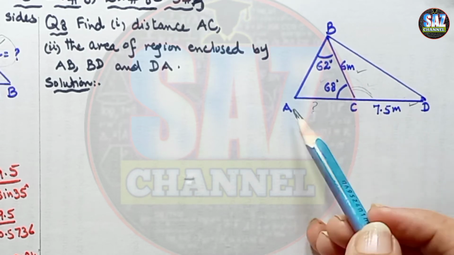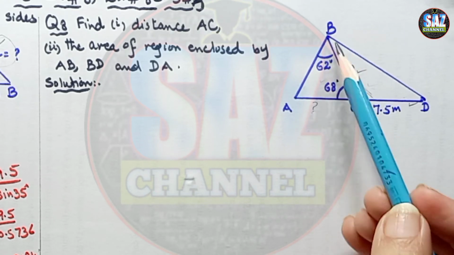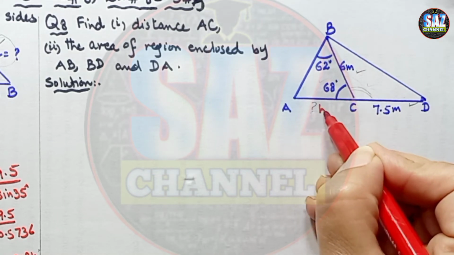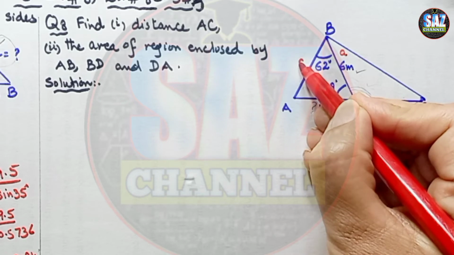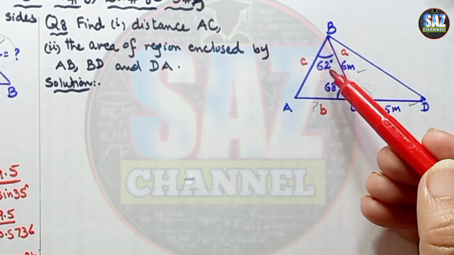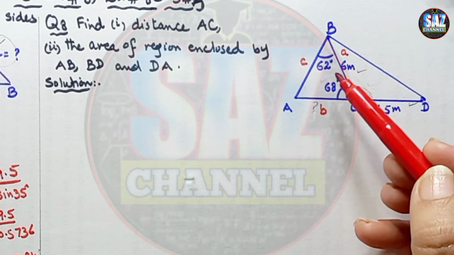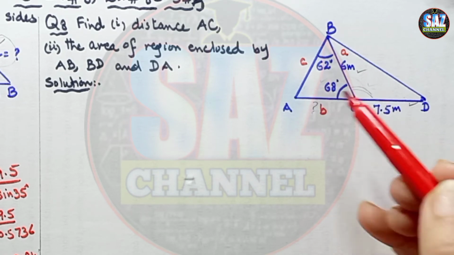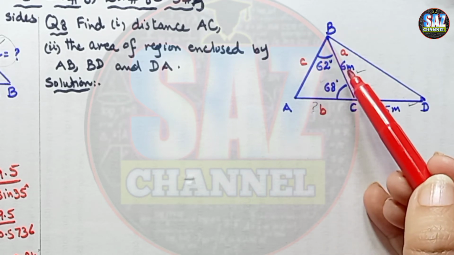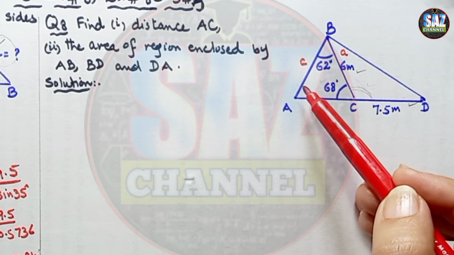So let's move to the solution of the question, and the first requirement is the AC length. Okay, if we look at AC, that is the side opposite to vertex B. So let me mark it with letter B, and this is A and this is C. Now if we look at length B, we have the angle in front of it, but with reference to this side, we have to equate it either to C with sine 68 or A with sine A. But the problem is that if I'm taking C with sine 68, I do not have the value of C. And if I'm looking at A, I need the value of angle A, which is not given to me in the beginning, but I can find it out easily.